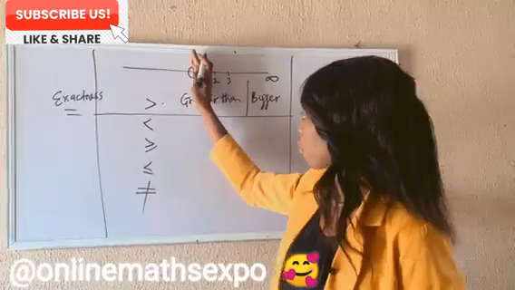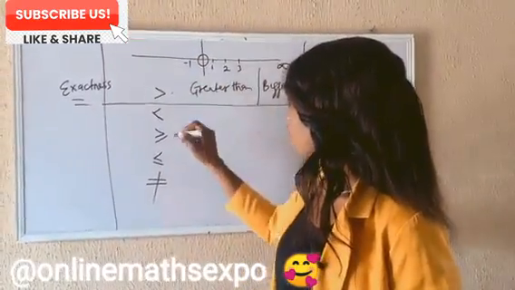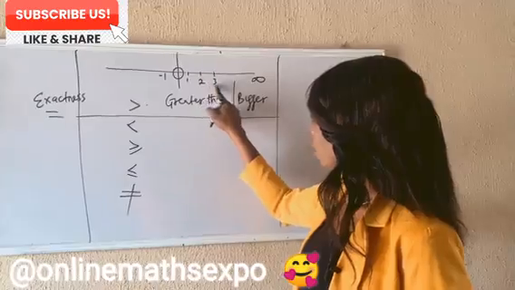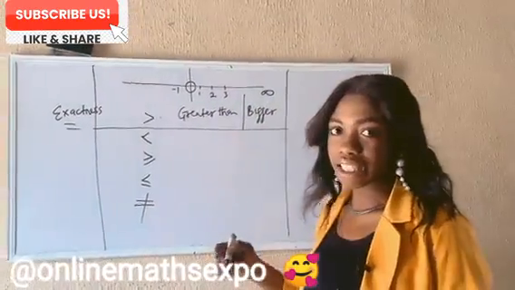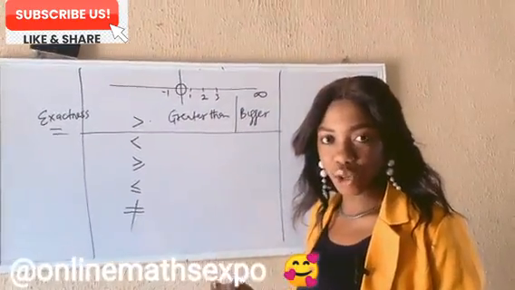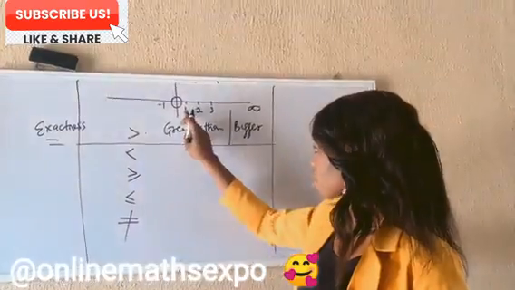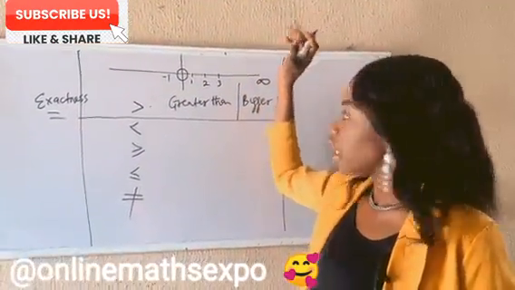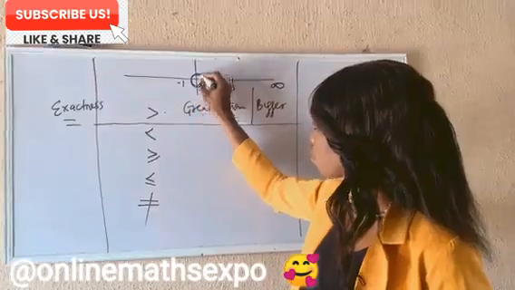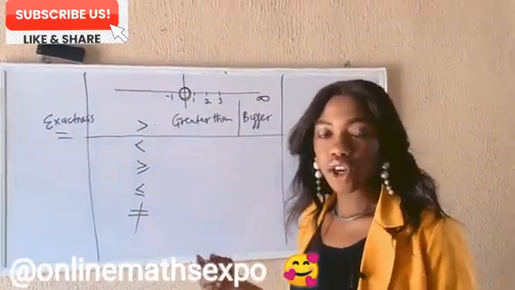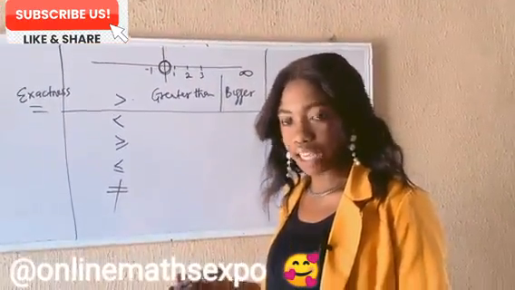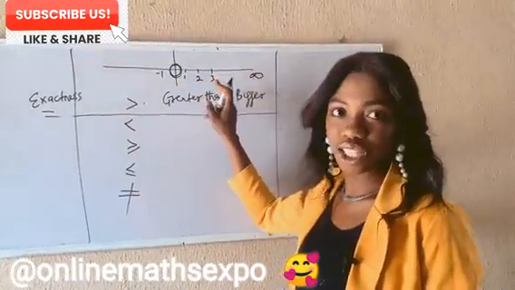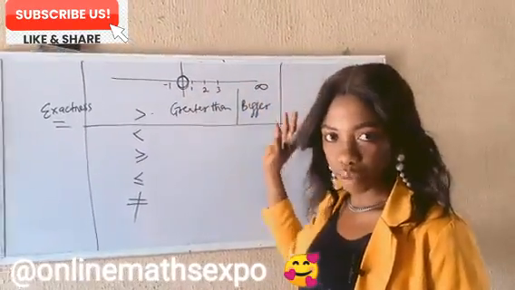Then if you move from here, you have negative numbers. But before then, numbers from 1, 2, 3, 4, 5, 6: remember, they are the ones we call the natural numbers, that is the counting numbers. Now, if you decide to include 0 to those numbers, we call them the whole numbers: 0, 1, 2, 3, 4, 5, 6 and above.